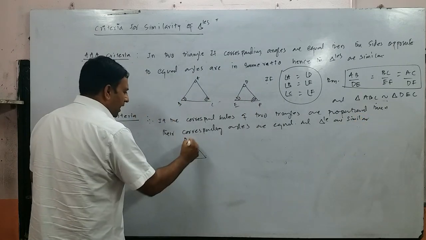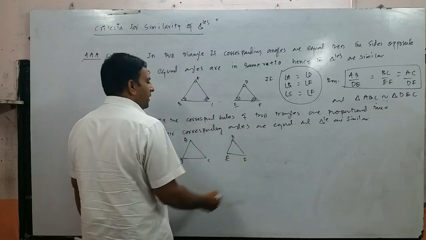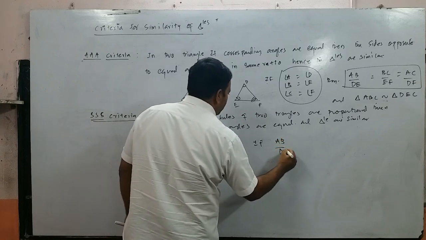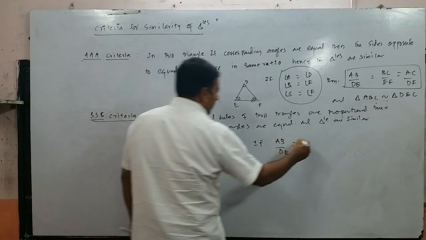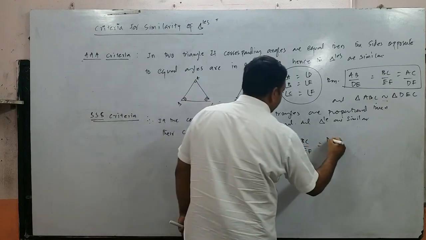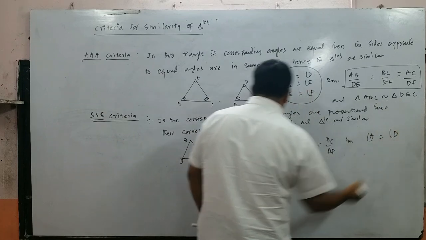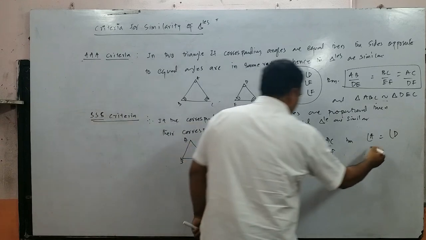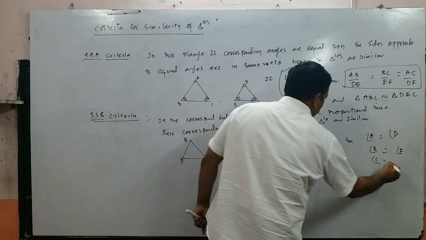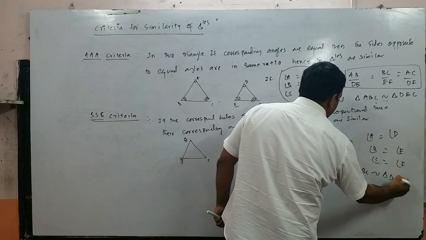Now here I have triangle ABC, I have triangle DEF, right? Now I will say if corresponding sides AB by DE is equal to BC by EF is equal to AC by DF, then angle A is equal to angle D, corresponding angles, angle B is equal to angle E, and angle C is equal to angle F, and triangle ABC is similar to triangle DEF, right?